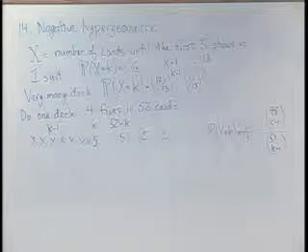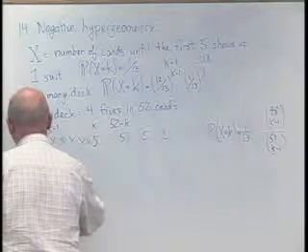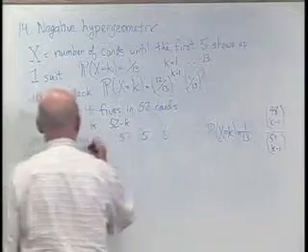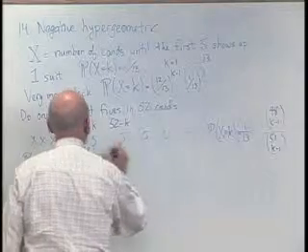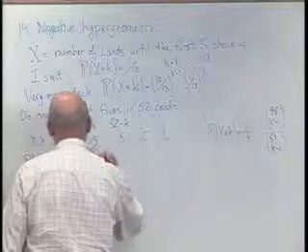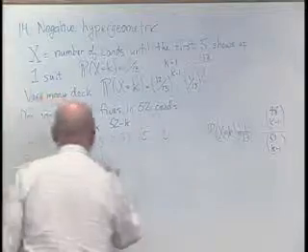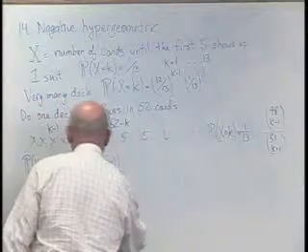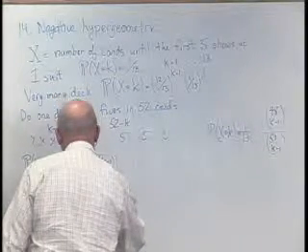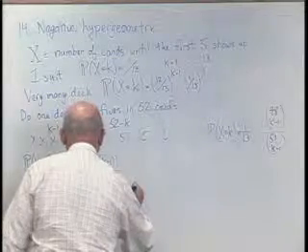So the first way I'm going to rewrite this is as follows. I'm going to write out the factorials. The probability that x equals k is 1/13 times, now what have we got? 48 factorial divided by 49 minus k factorial times k minus 1 factorial, divided by the denominator, which is 51 factorial times 52 minus k factorial divided by k minus 1 factorial.